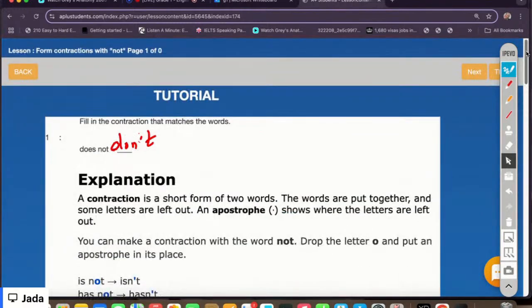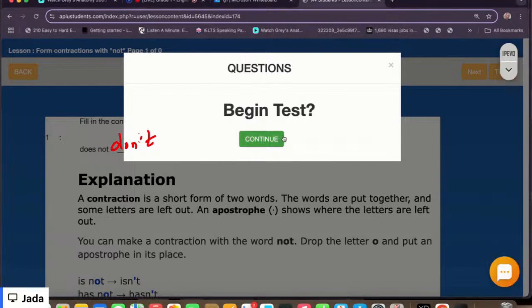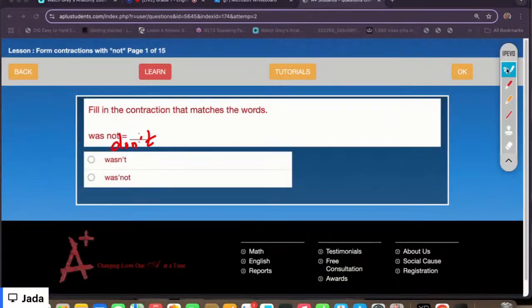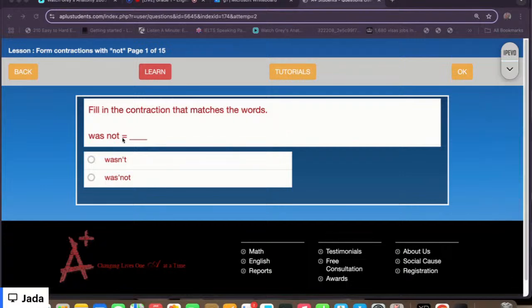So let's move on to the test. Okay. So for this one, you send me the answer for was not. So was not. What is the right answer here?